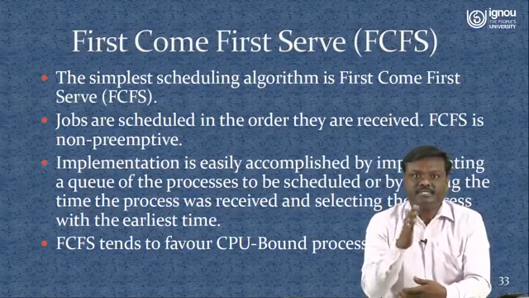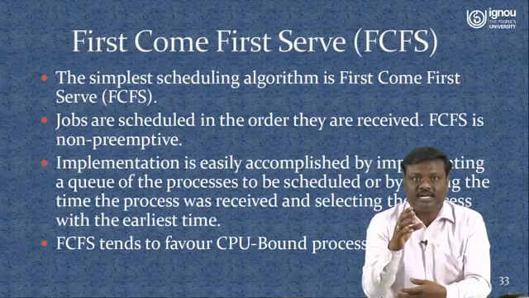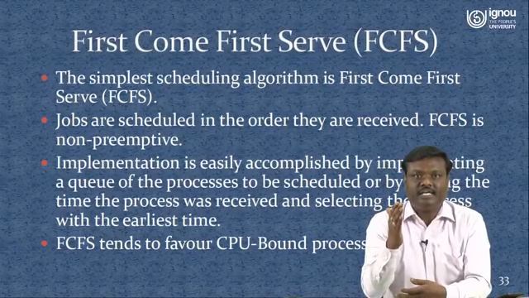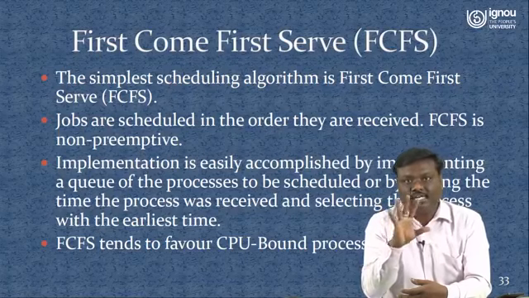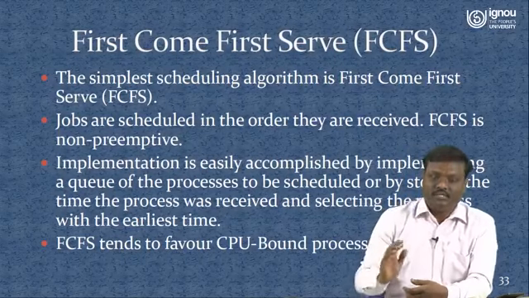Once the CPU is attached to them, and suppose that process is purely a CPU burst process, then the complete time is allotted to that process which came in the same order, and then it is done and thrown back to the disk.